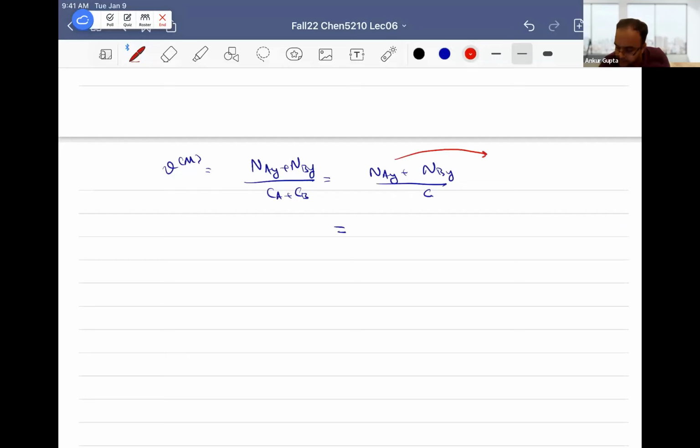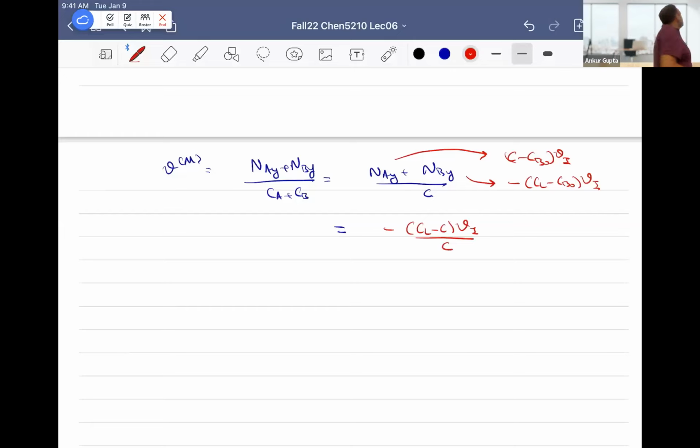Remember, this was C minus CB naught VI, and this was minus CL minus CB naught VI. If you do that, you will find it to be CL minus C VI by C. So this is what you will get as the molar velocity. Make sense? Any questions here?